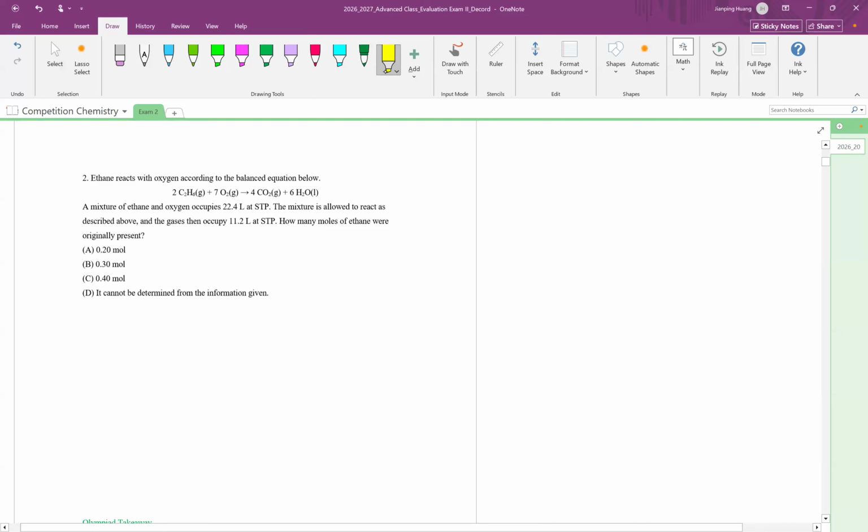This question is about stoichiometry. And the first step, when you see the choice "cannot be determined from the information given," I will be very careful. Anytime you see this choice, it makes the question a little bit of a challenge, okay?